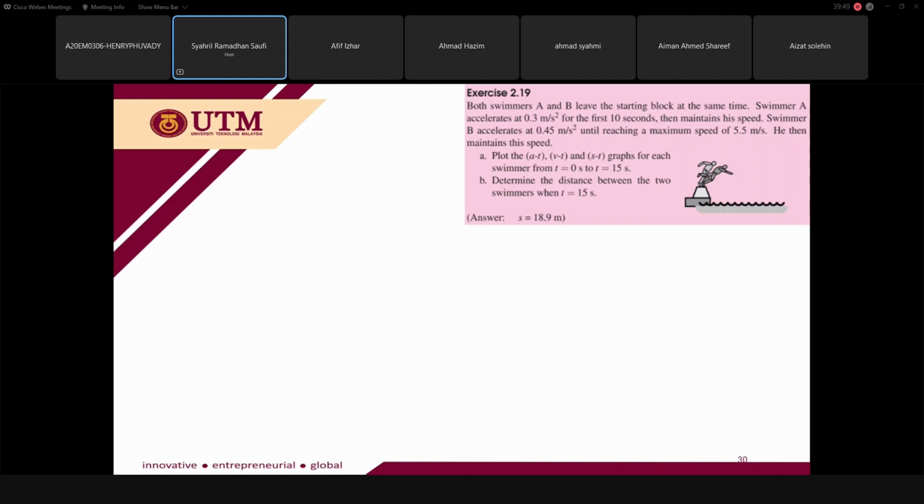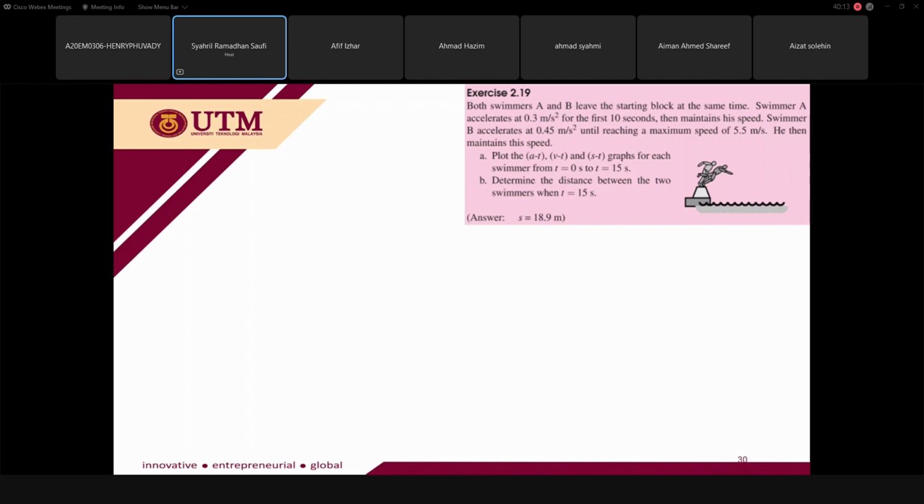Swimmer B accelerates at 0.5 meter per second squared until reaching a maximum speed of 5.5 meter per second. He then maintains his speed. The question is: A, plot the a-t, v-t and s-t graphs for each swimmer from t equal to 0 to t equal to 15 seconds, and B, determine the distance between the two swimmers when t equal to 15 seconds.